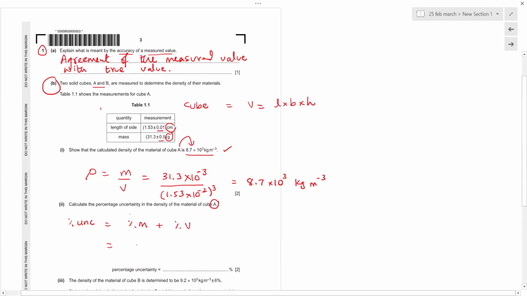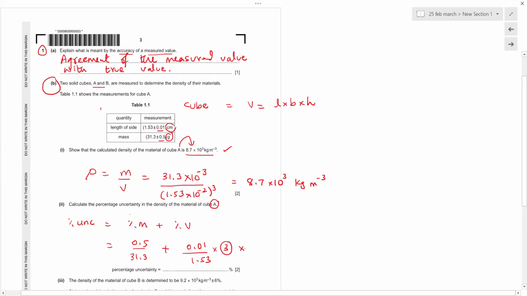So for mass, we can do 0.5 over 31.3 plus 0.01 over 1.53 times 3.